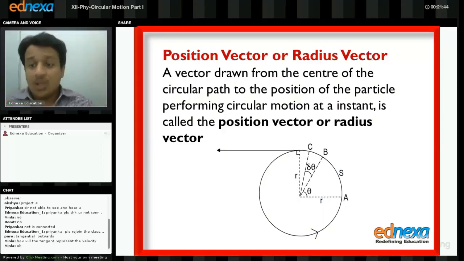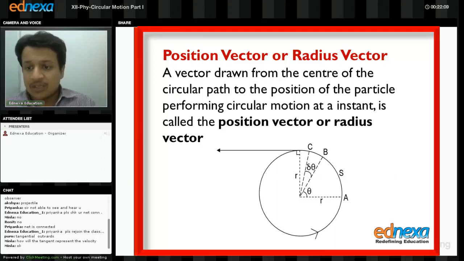Okay. So next concept in front of you is position vector or radius vector. What is position vector? See, I will read first the definition. A vector drawn from center of circular path to the position of particle performing circular motion at an instant is called position vector or radius vector.